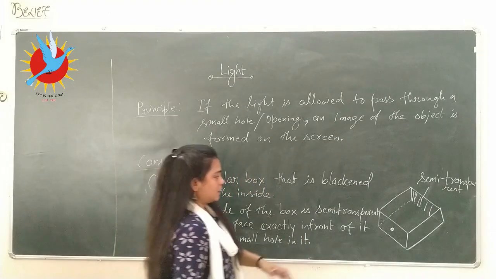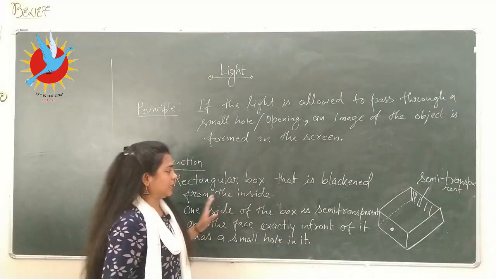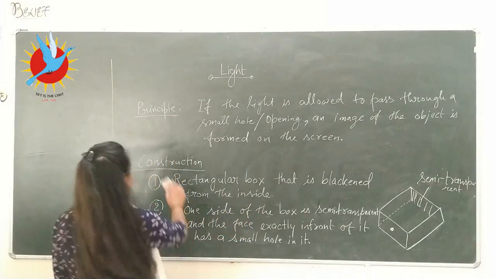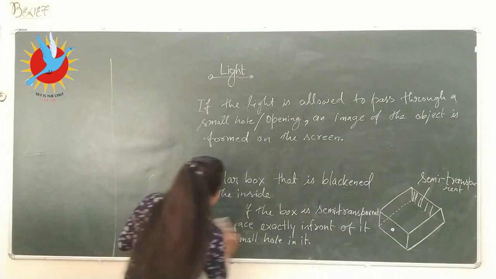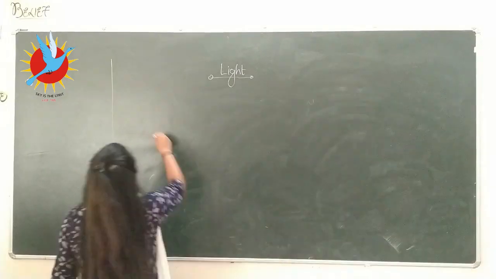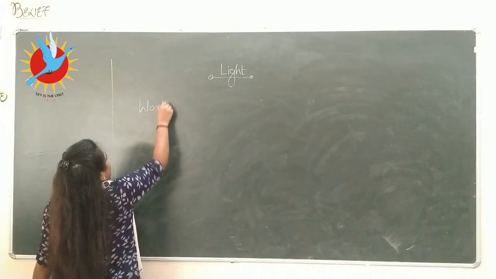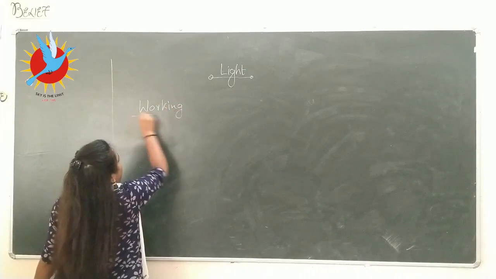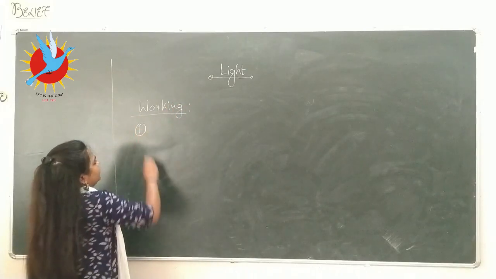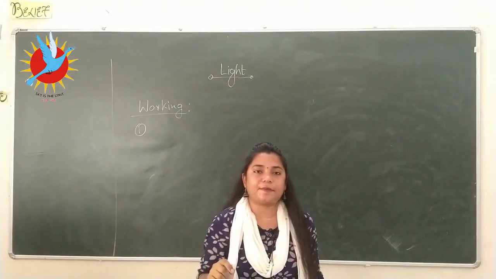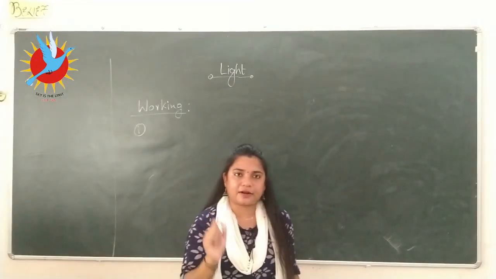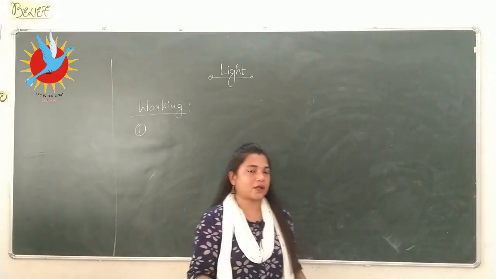Okay, now I'll show you how the image is formed in it. That means the working. Students, first, it is based on the principle that light travels in a straight line.